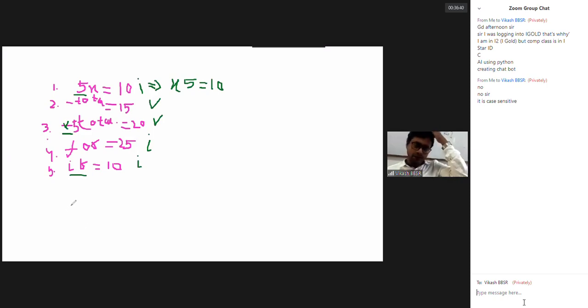So in this way, the question may ask you. Suppose I write underscore if equal to 6. Is it valid or invalid? Underscore if.